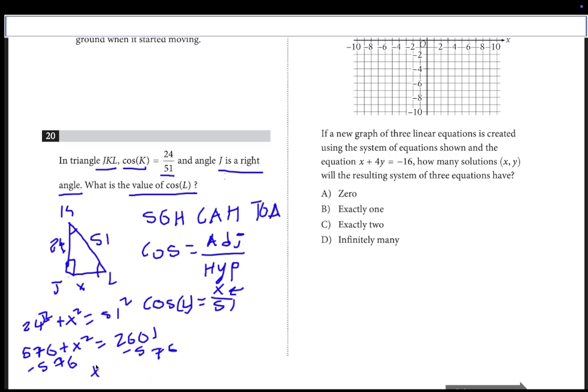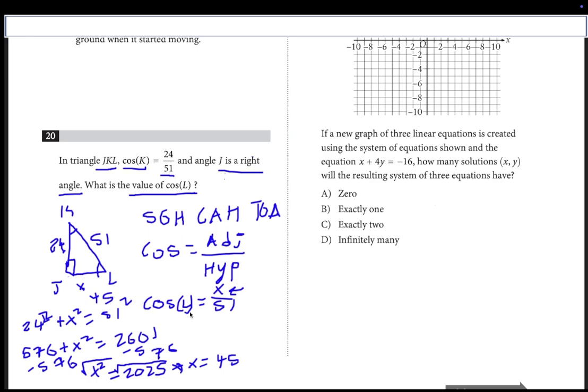So x squared is equal to 2,025. Take the square root of both sides. We get x is equal to the square root of 2,025. X is equal to 45, so JL is equal to 45.